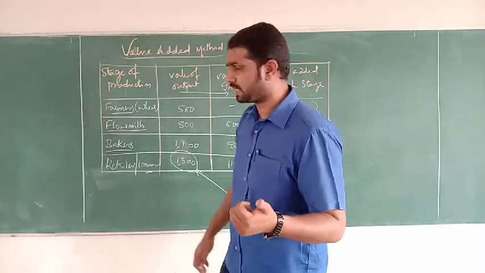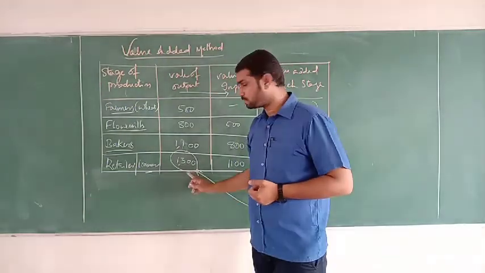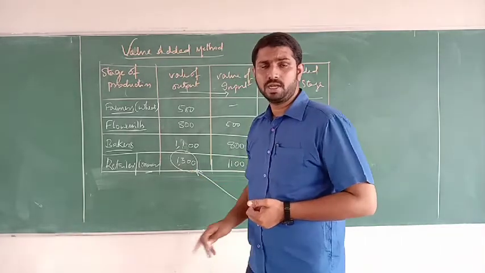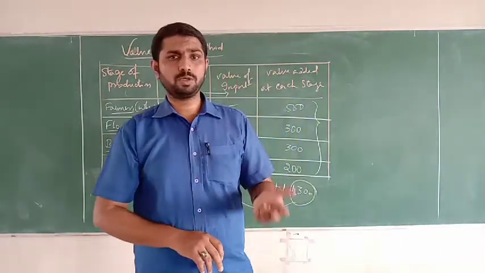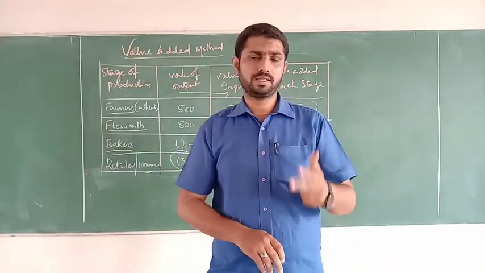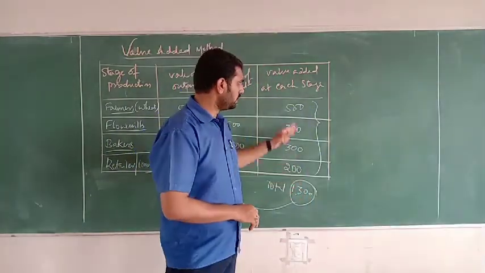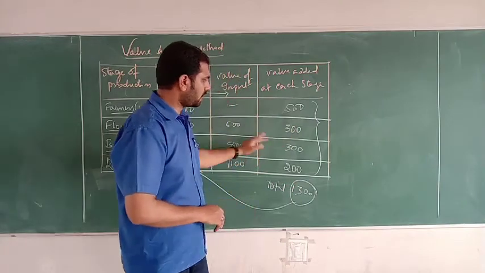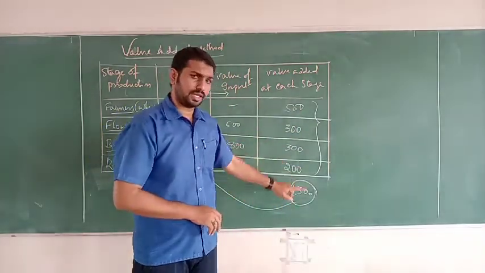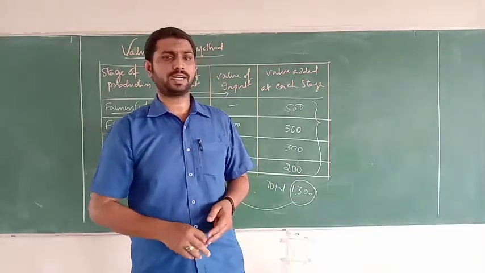If you want to assess the income, you can go by the final value which deals with the retailers. Or else, if you want to go by each stage, the value added for the product at each stage, then you add up the value added at each stage. That method is called the value added method.